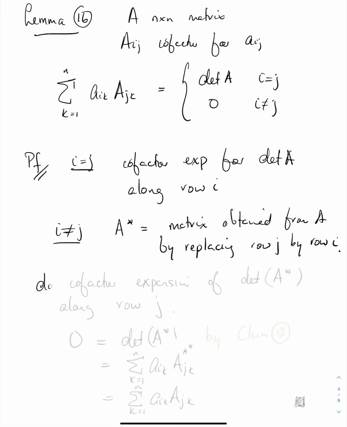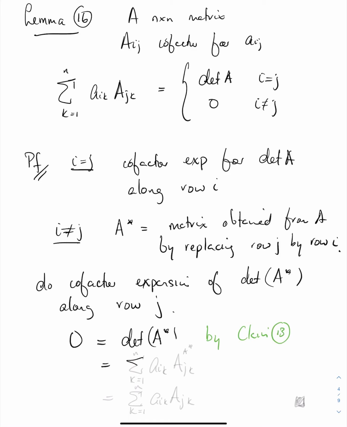We're going to do the cofactor expansion of the determinant of A star along row j. And here's what we're going to get. The determinant of A star is 0. Why? By claim 13, because A star has 2 rows that are exactly the same.